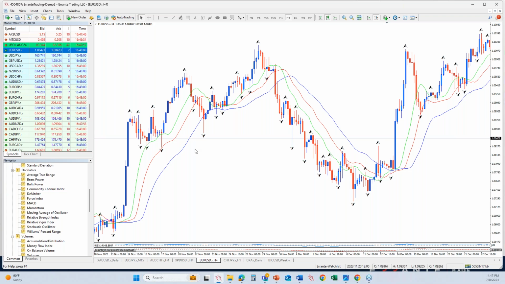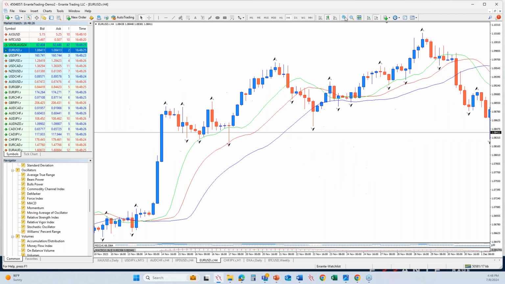Fractals will now appear on your chart as small up and down arrows above and below the candlesticks. Understanding fractals, as we explained, these are a type of indicator developed by Bill Williams to identify potential reversal points in the market. A fractal consists of 5 candlesticks or bars, 2 preceding and 2 following candlesticks.